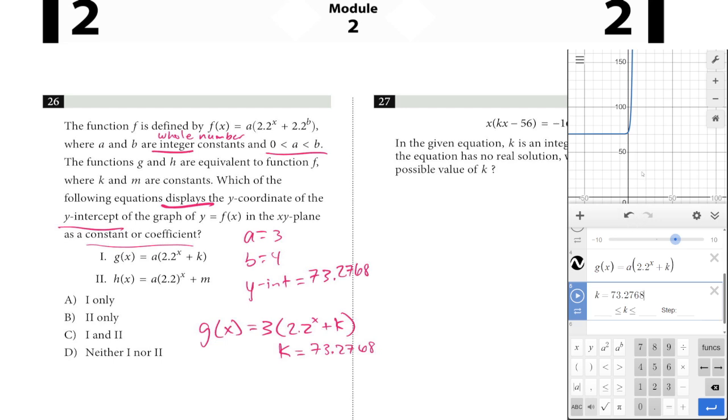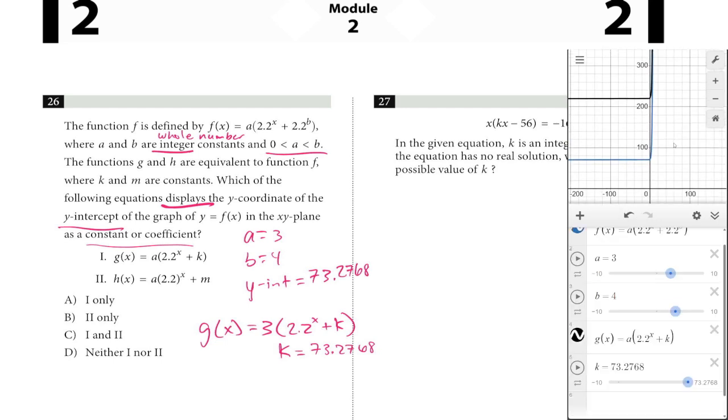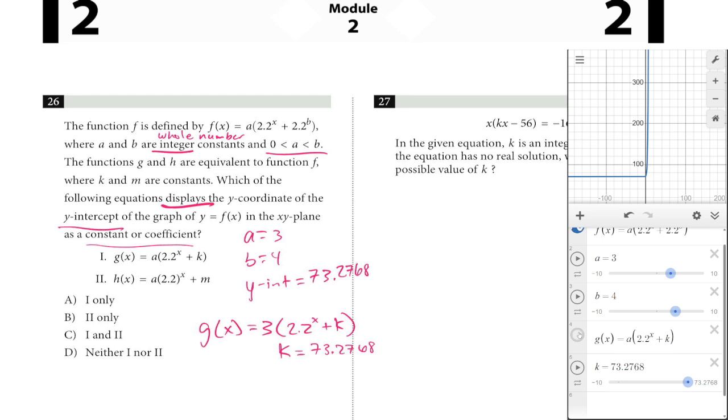If you notice, the black one, we'll change the color to green. So g of x is not the same as f of x. But they told us this has to be equivalent to function f, which means they should be the exact same graph. But here it's not. So Roman numeral 1 does not work.